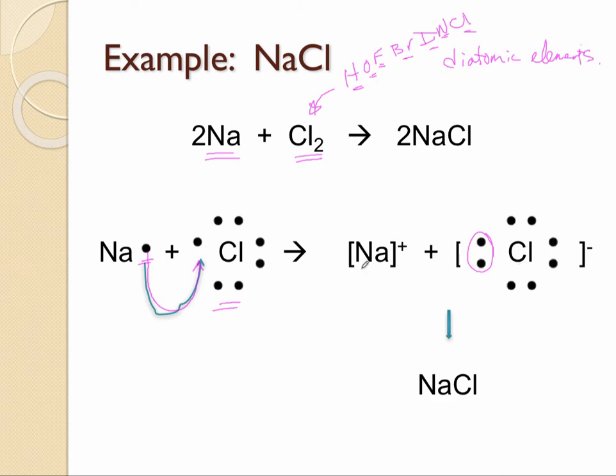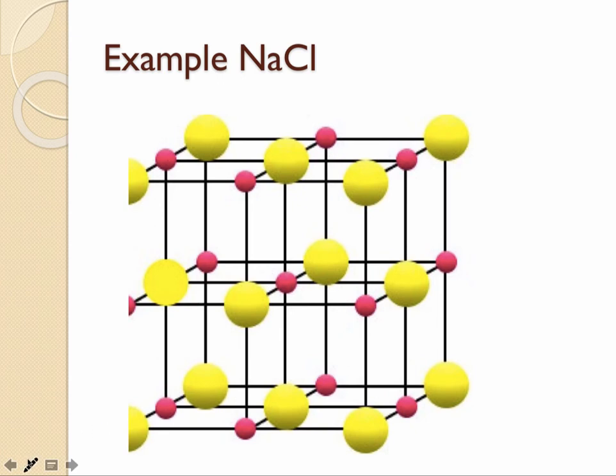The positively charged ion is attracted to the negatively charged ion to form sodium chloride. What does that look like? It looks like this. This is what sodium chloride would look like. Sodium is going to be the red spheres, and those would be sodium ions. Chlorine is going to be the yellow spheres, and that's going to be the negatively charged ion of chlorine.